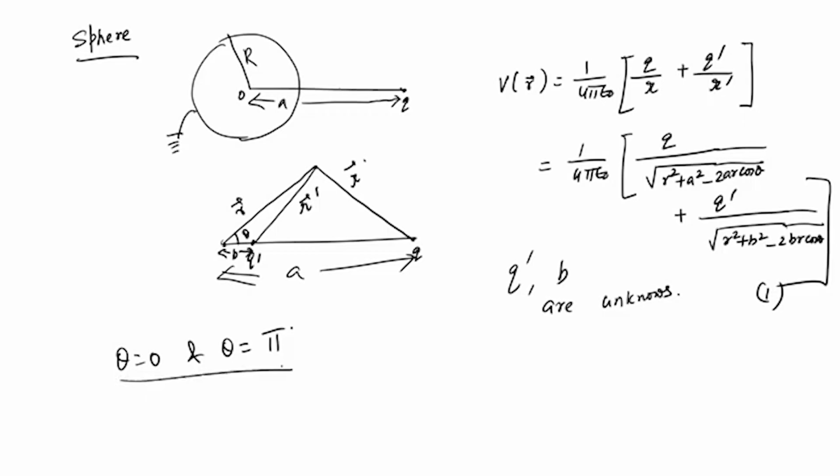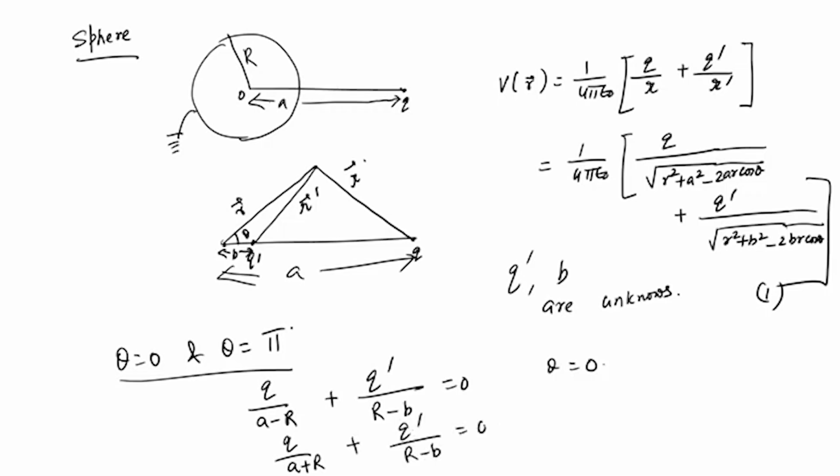So, if you take these two values, then q divided by a minus R plus q prime divided by R minus b is equal to 0. This is for theta equal to 0. We also have q divided by a plus R plus q prime divided by R plus b is equal to 0 as well. This is for theta equal to pi.